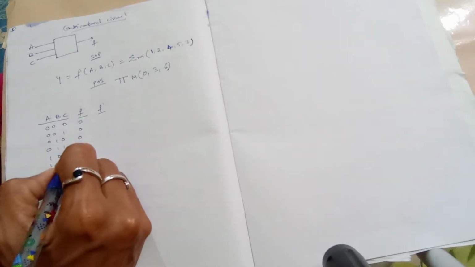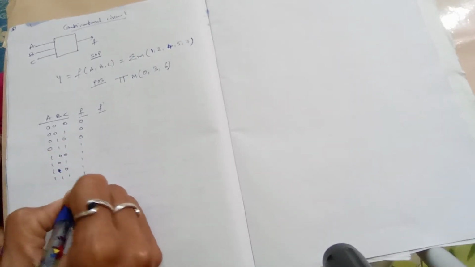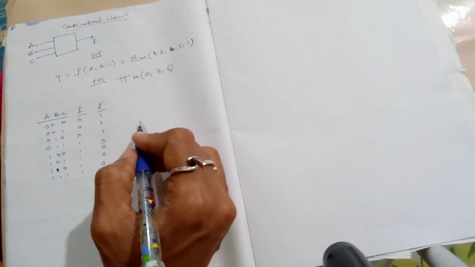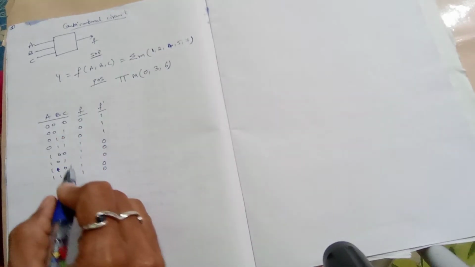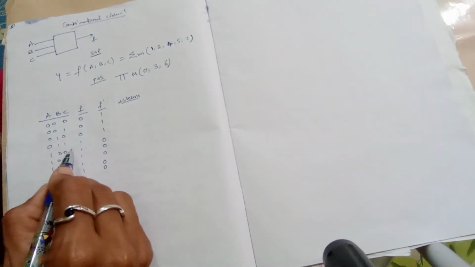If suppose the truth table is for F, 0, 1, 2 are low and 3, 4, 5, 6, 7 are having high values, then F bar, that is POS, becomes low values become high and high become low. How to represent this? Min terms. For this, these are all the min terms. So min terms were written as, okay, this is one output.